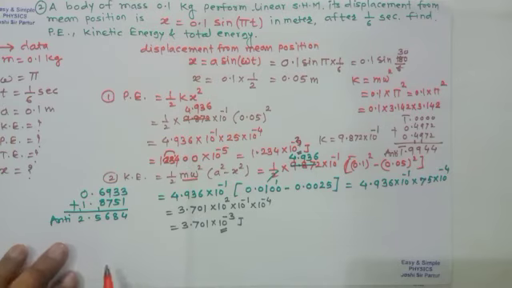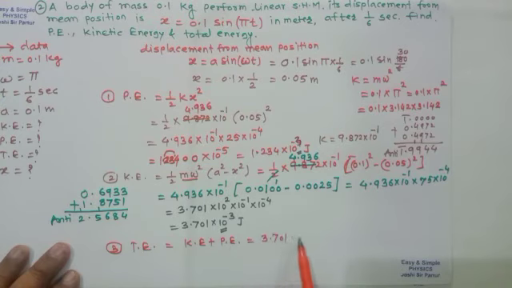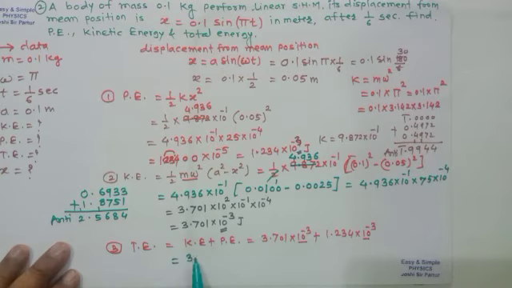Total energy will be the summation of kinetic energy and potential energy, that is 3.701 multiplied by 10 raised to minus 3 plus 1.234 into 10 raised to minus 3. 10 raised to minus 3 gets common, so 3.701 plus 1.234 into 10 to the power minus 3. So the answer will be 4.935 into 10 to the power minus 3 joule.